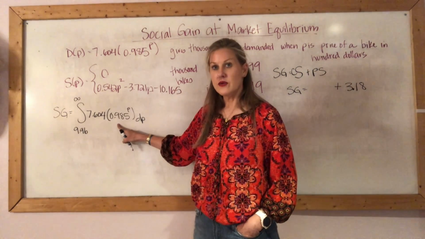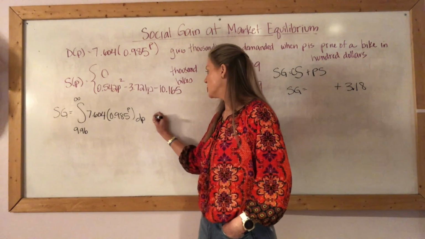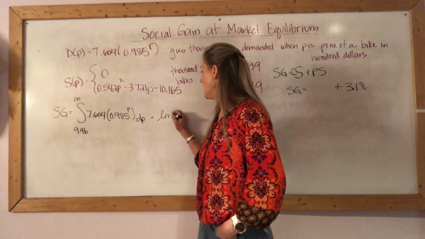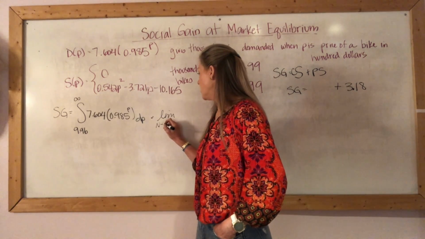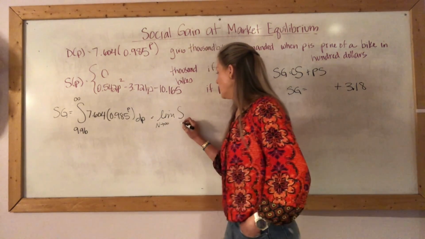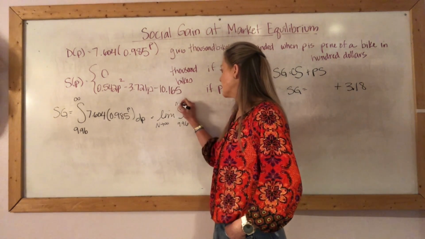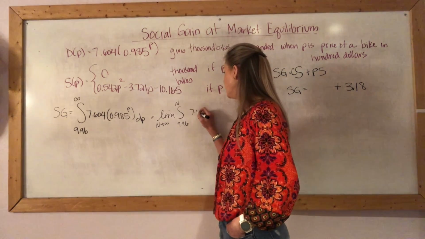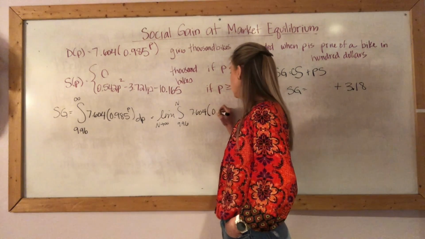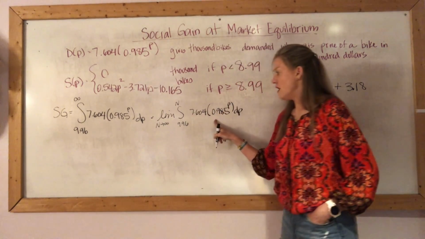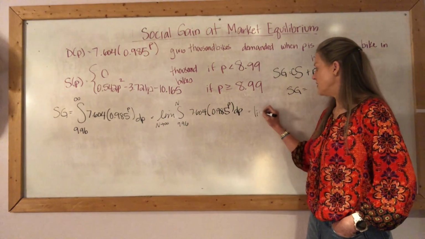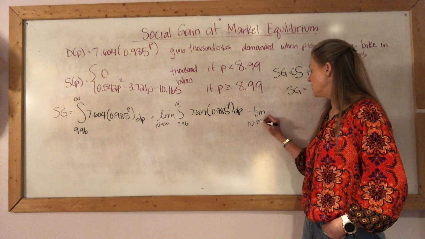To evaluate this, a review of improper integration. The first thing I have to do is say, I'm going to take the limit as n approaches infinity from 9.96 to n of this particular function. And now I'm going to actually anti-derive it. I have to keep my limit statement.